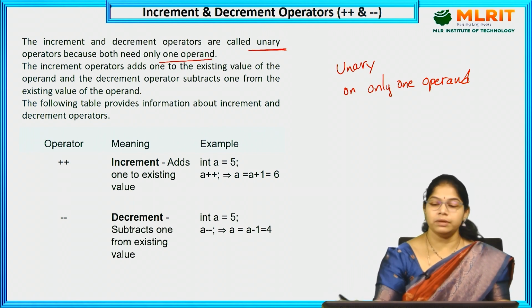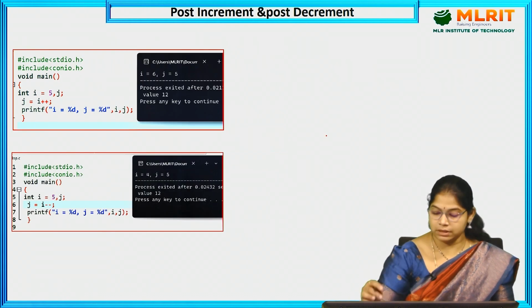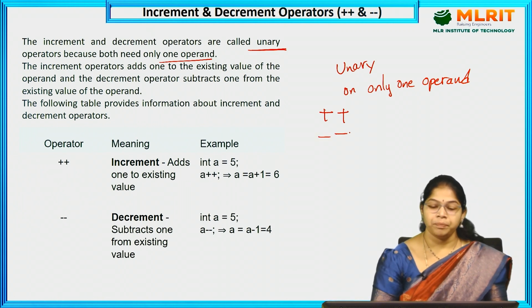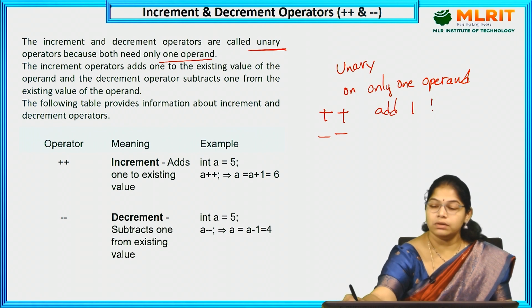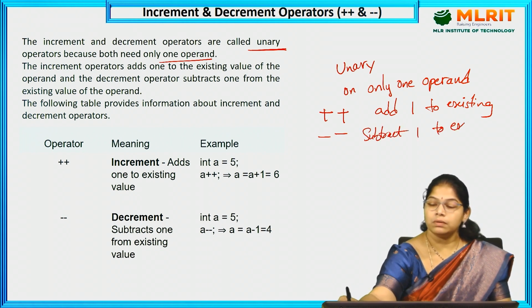Increment is always represented with the symbol plus plus and decrement is represented with minus minus. Increment means it adds 1 to the existing value, whereas decrement means it subtracts 1 from the existing value.